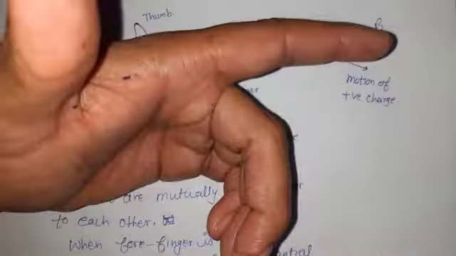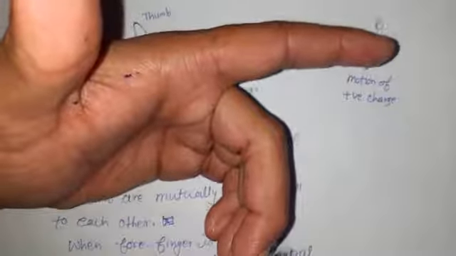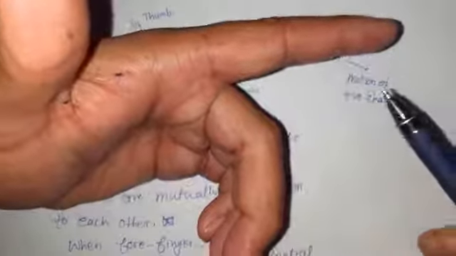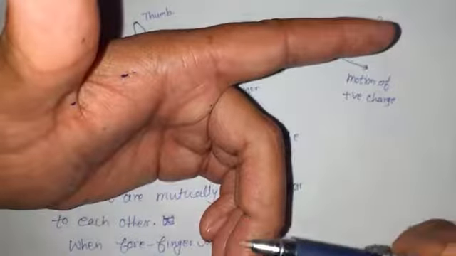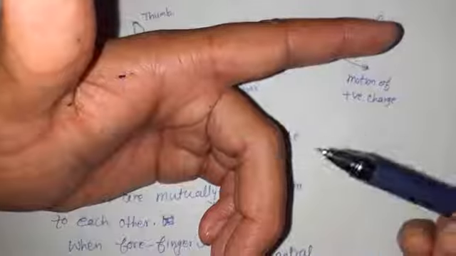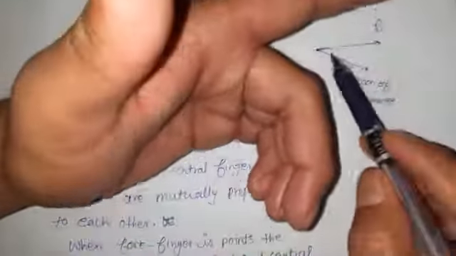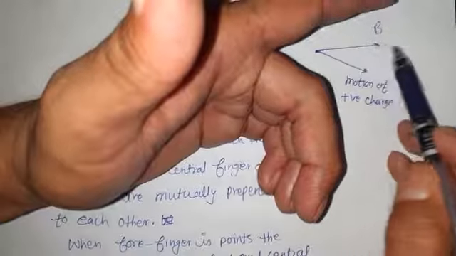Now when you have stretched your left hand in such a way, thereafter you have to arrange this forefinger in the direction of the magnetic field and this central finger in the direction of the motion of the positive charge. So just look over here, this magnetic field is toward the right side.